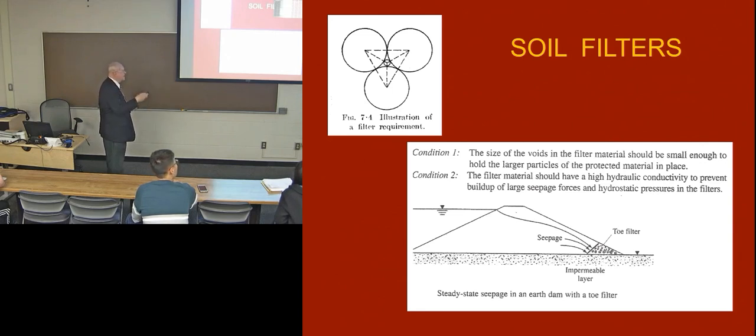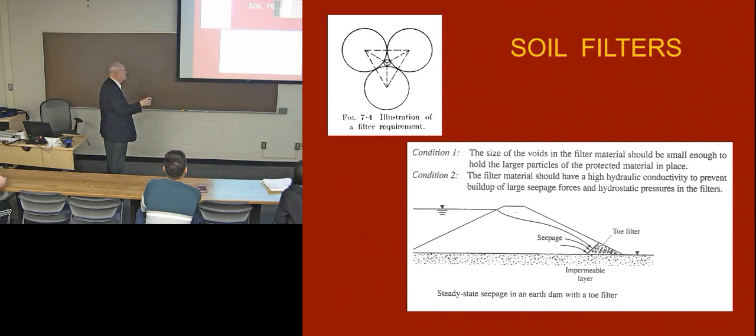So when you design a filter, you design it so that the material to be protected, and in the case of this earth dam, let's say this is a clay, the clay is to be protected against internal erosion flowing out through the toe and creating a void. So we have to satisfy certain conditions.